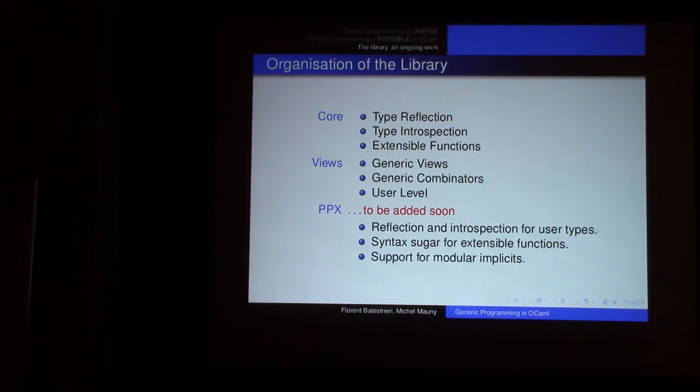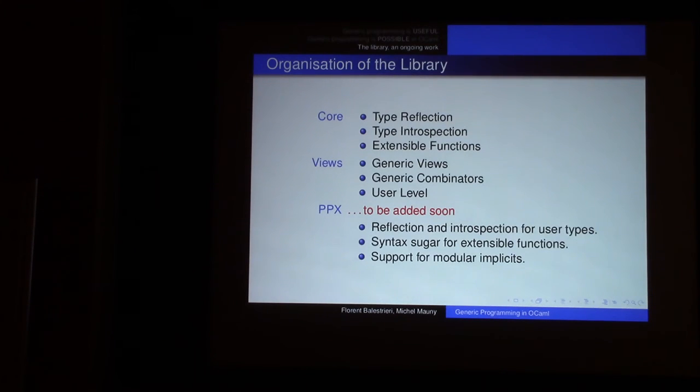This is why a separate component of the library provides many different flavors of views, and each programmer can choose whichever view he wants for his needs. So the second part of the library, which I need to develop more, provides different views and generic combinators. And this is on the user level, so anyone can add a new view and extend the library to its needs.